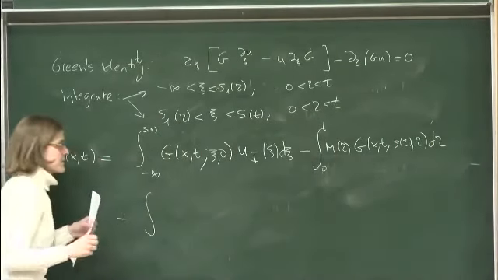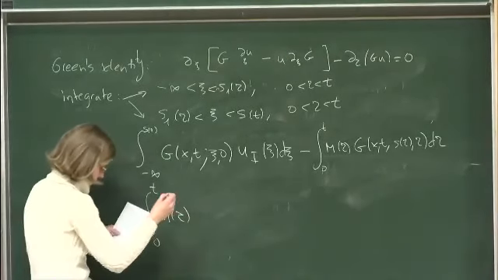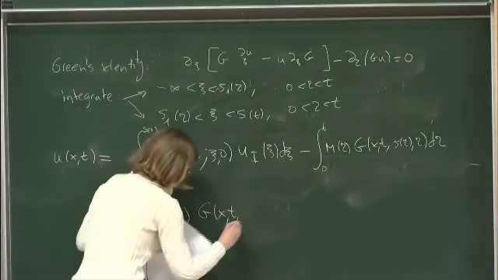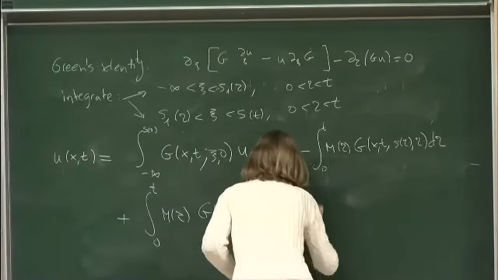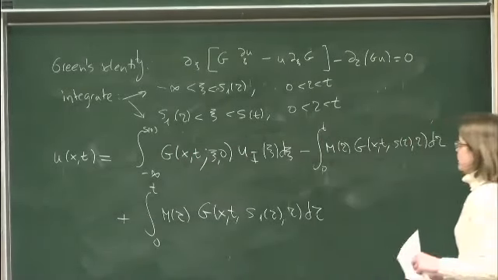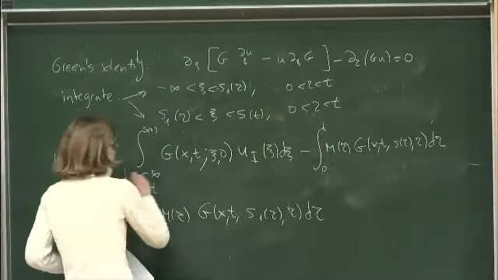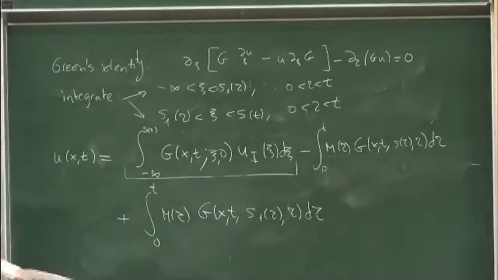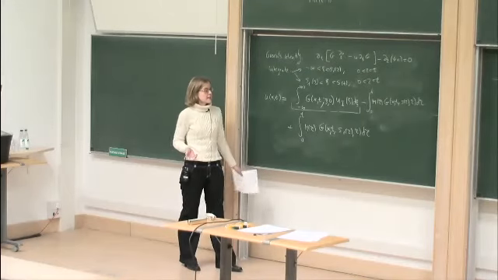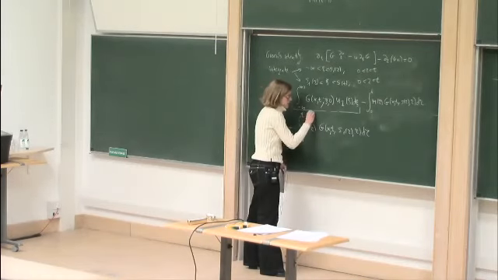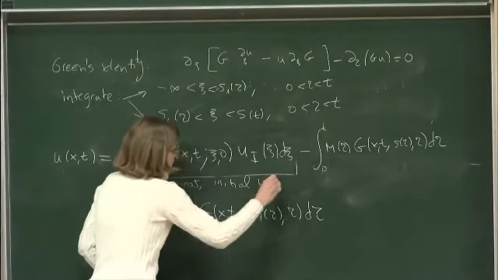This is why transparencies are useful, but I'll do it on the blackboard. There is also the term with m of tau g(x, t, s1, tau) d tau. Now let's understand what you get. The first part is just the solution of the homogeneous heat equation with initial data u_i.